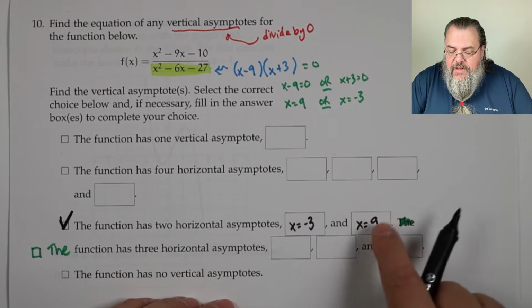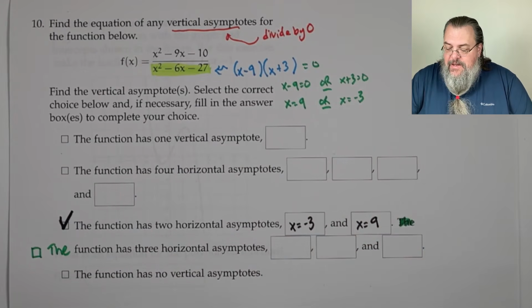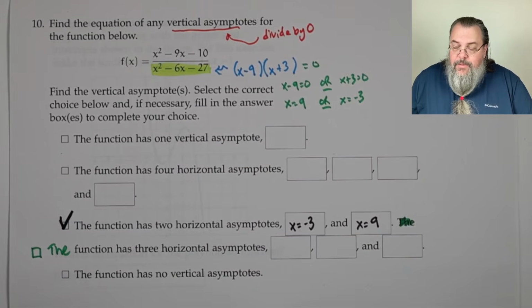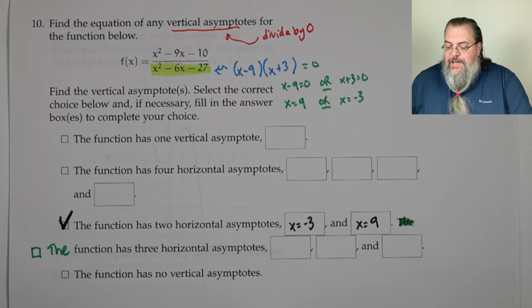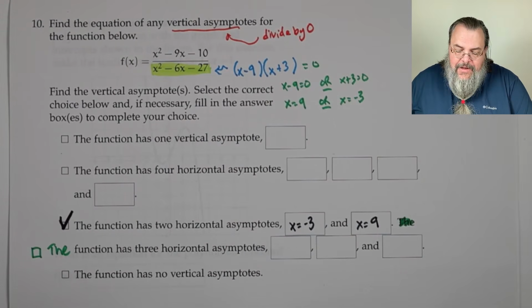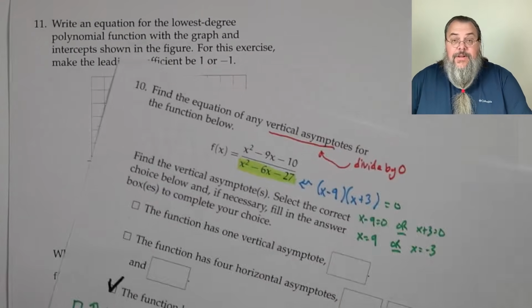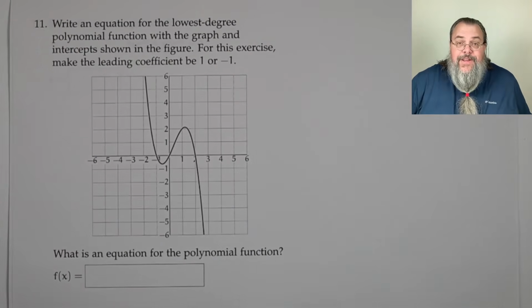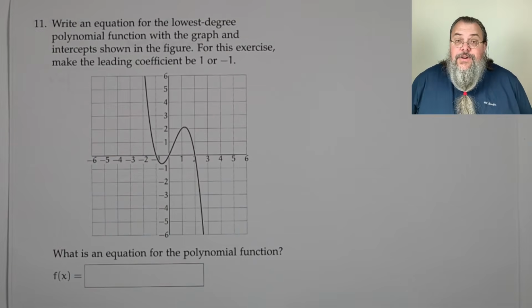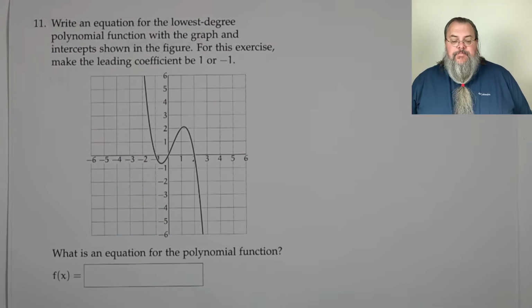X equals minus 3, x equals 9. All right, good. Because we want to get all the credit, right? We want to get all the points. That's what we're after. All right. Well, 10, that means we're around the halfway point. We're doing great. Let's keep going.